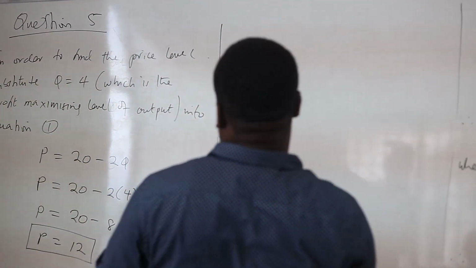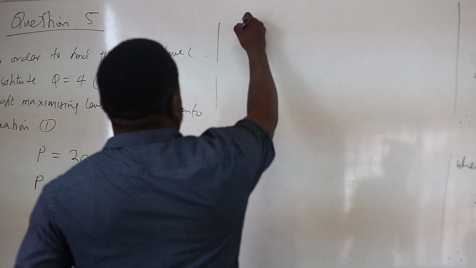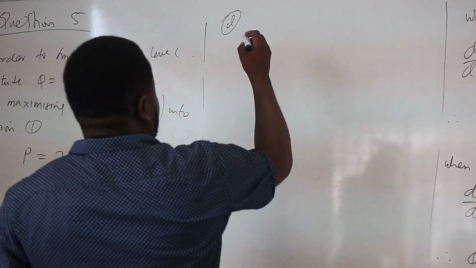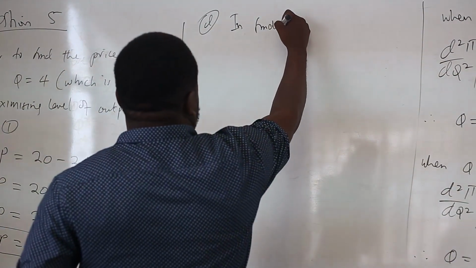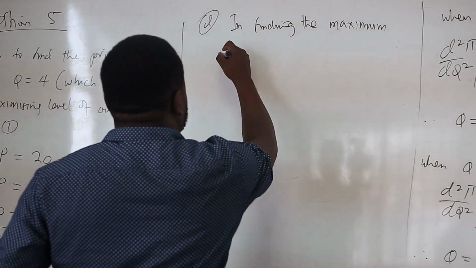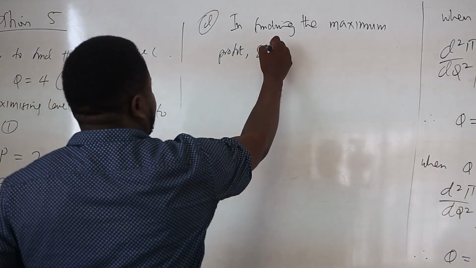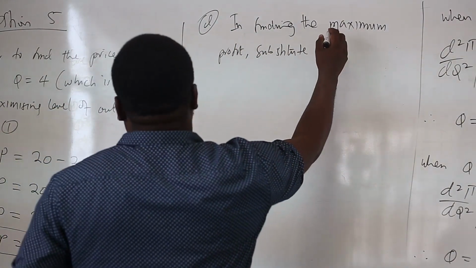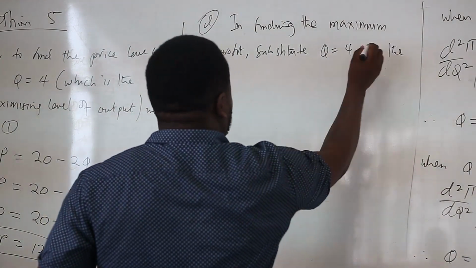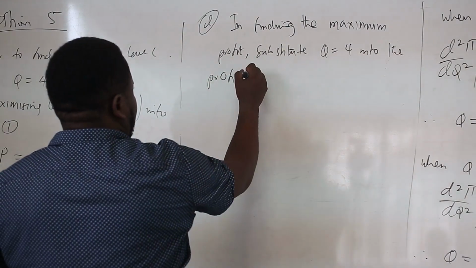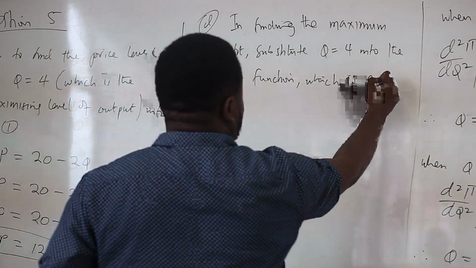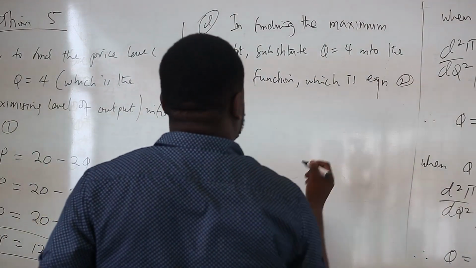The last part of the question was to find the maximum profit. So in finding the maximum profit, substitute Q is equal to 4 into the profit function, which is equation 2.